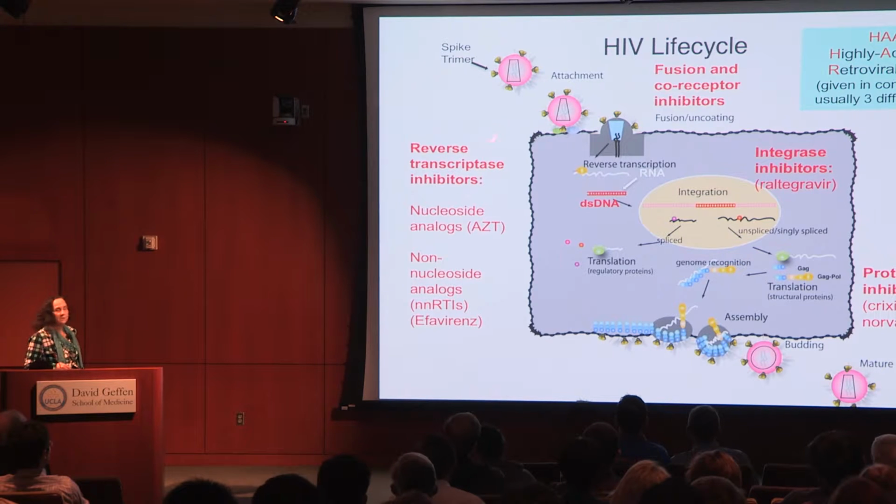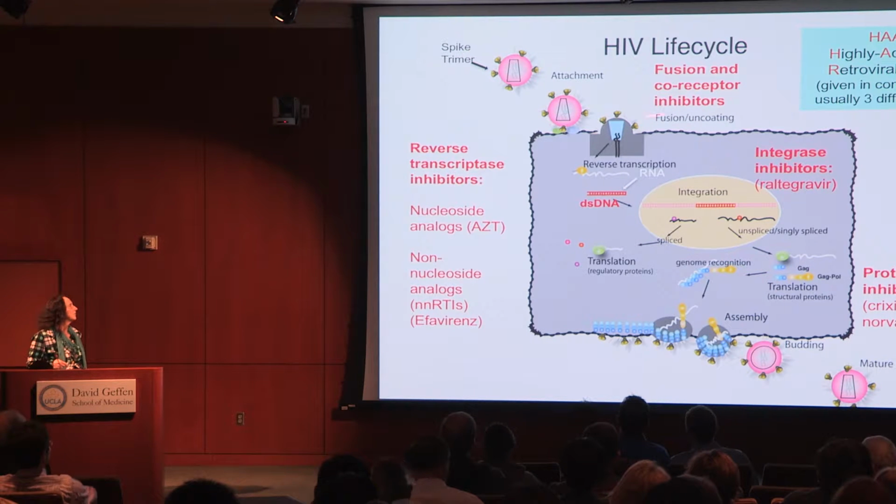As a triumph of structural biology, really, there have been small molecule drugs designed that inhibit the viral reverse transcriptase, that inhibit the viral integrase, the viral protease, and then there are some fusion inhibitors as well. But people have to take these as a combination, which is called highly active antiretroviral therapy, or HAART.